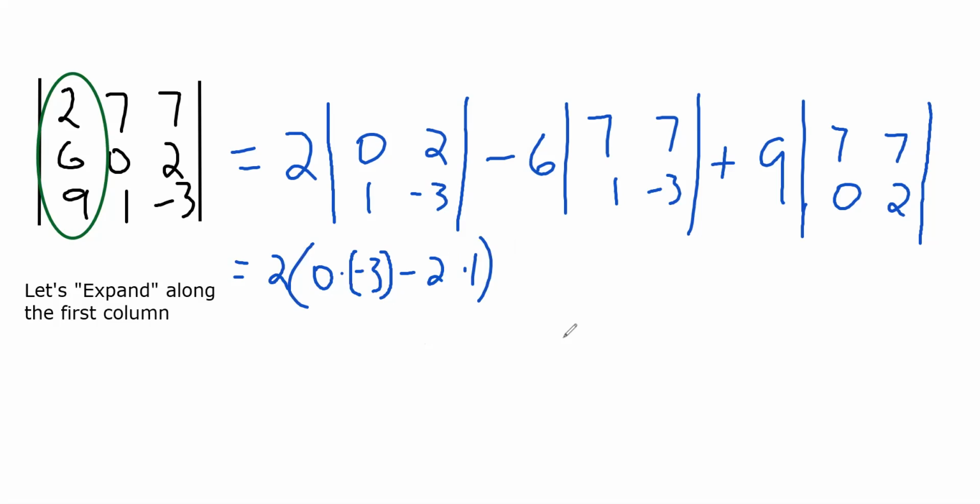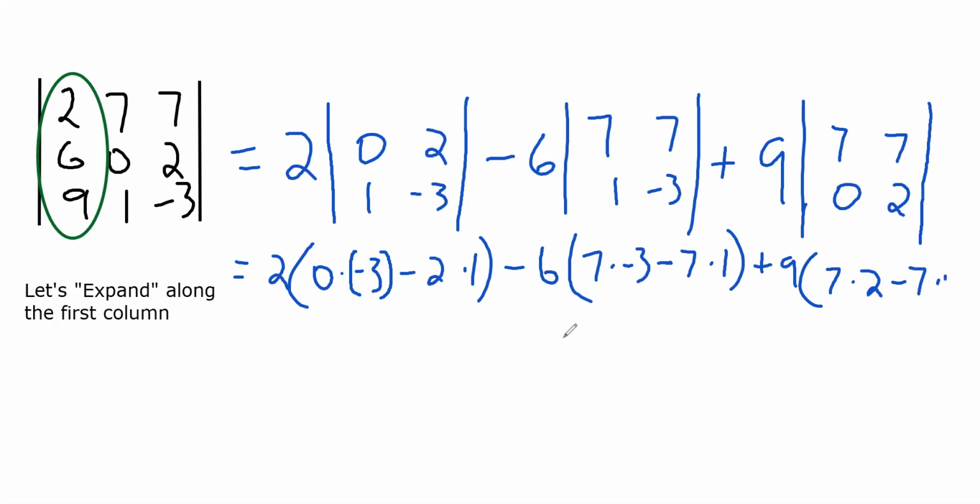We'll do it step by step, but you cannot make arithmetic mistakes. It will completely screw you over in the long run. Minus 6 times, now we do 7 times negative 3 minus 7 times 1, plus 9 times, well, this determinant would be 7 times 2 minus 7 times 0.